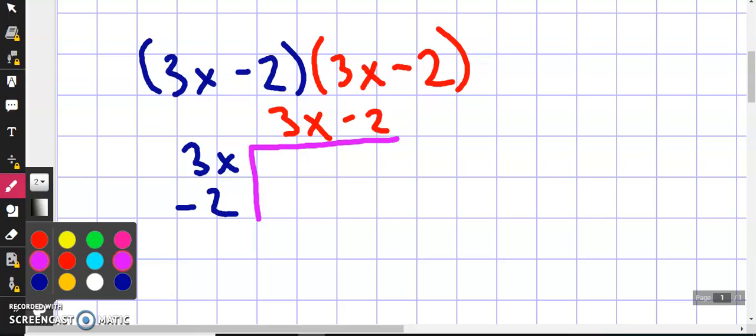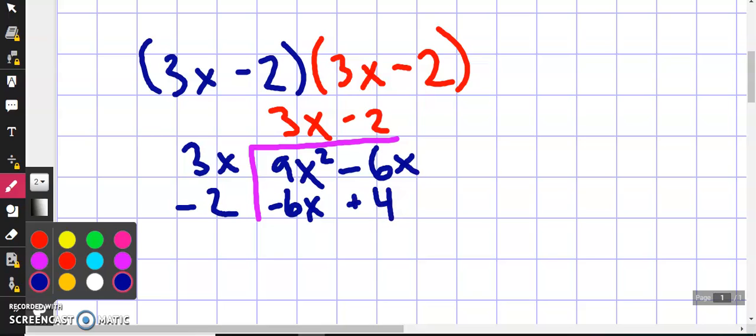So 3x times 3x will give me 9x squared. 3x times a negative 2 will give me a negative 6x. Negative 2 times 3x will give me a negative 6x again. And then negative 2 times negative 2 gives me a positive 4.